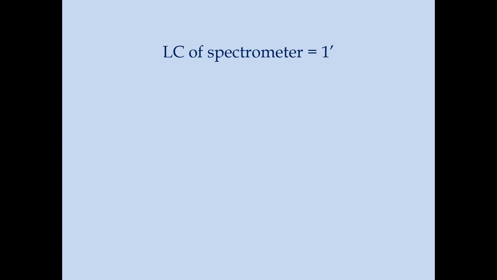First, let us know a few basics that are needed for the calculation. The first basic is the least count. The least count of the spectrometer is 1 minute. Next, let's see how to calculate the total reading taken from the spectrometer.